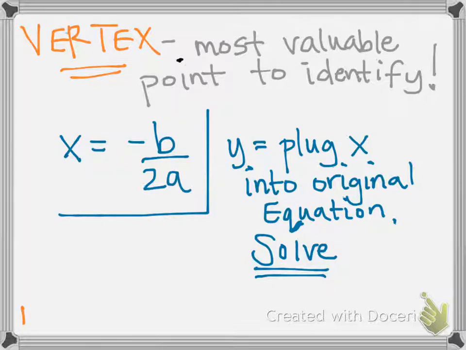How you get the x value of the vertex is a little formula, negative b over 2a. This formula comes from the quadratic formula. The way you get the y value is you take that x value and plug it into the original equation and solve for y.